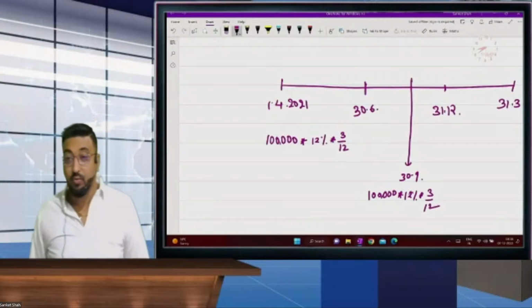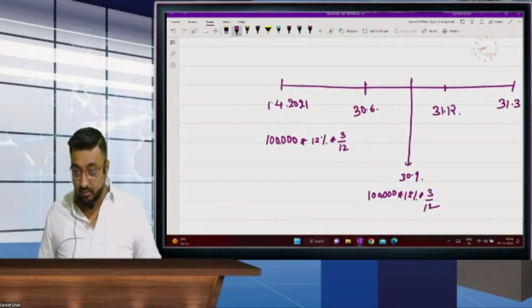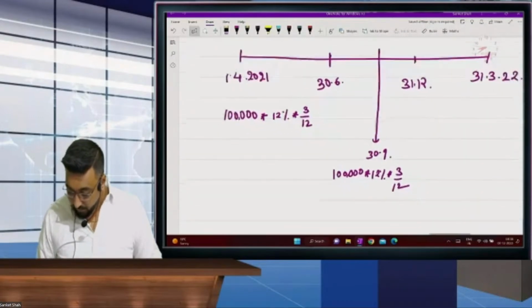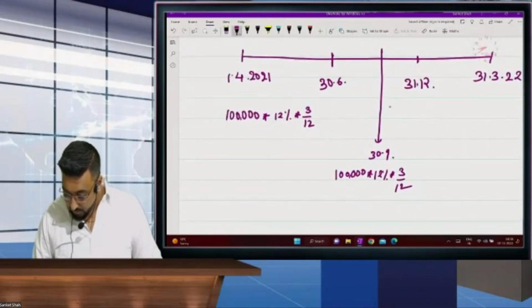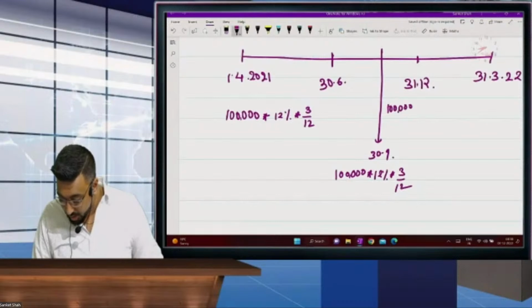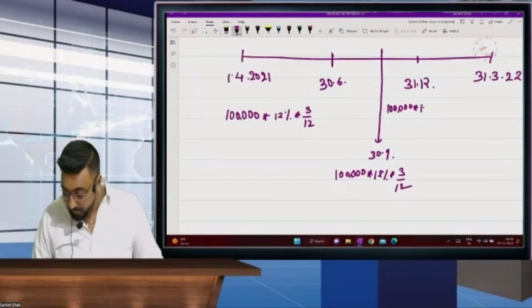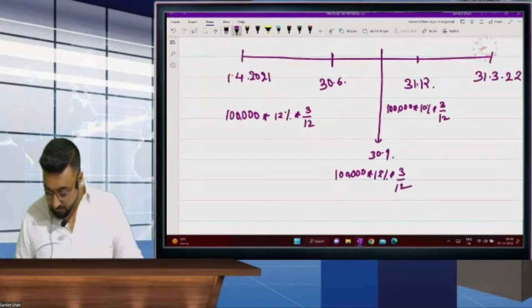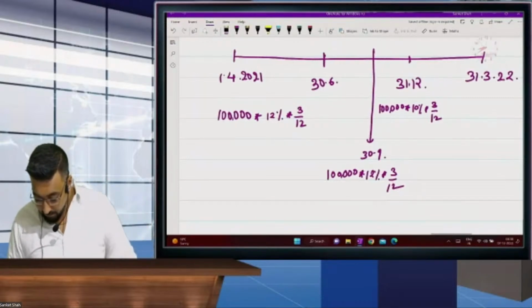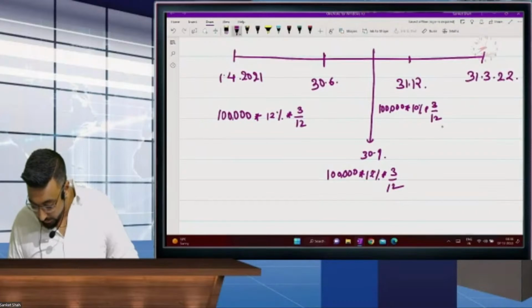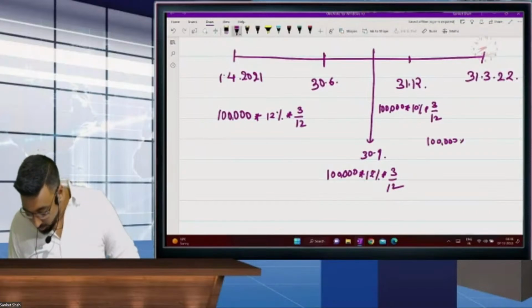But this is not very easy. This is very tricky. Okay. From 30th September, it is changed to 10% for 3 months. And this period is also 10% into 3 months.